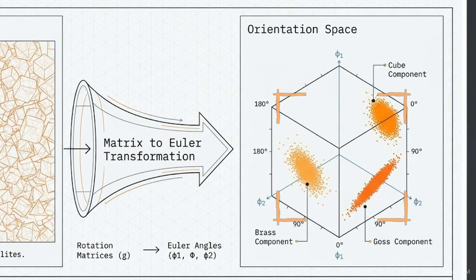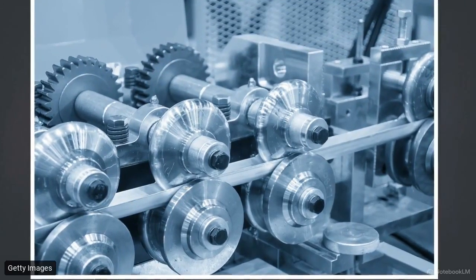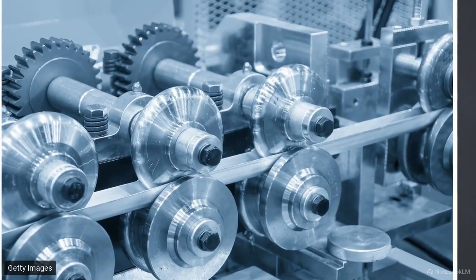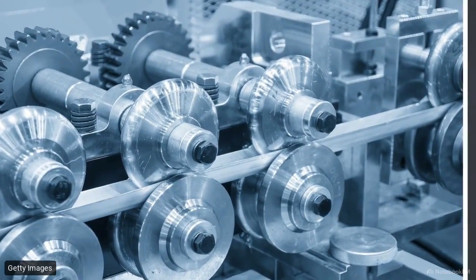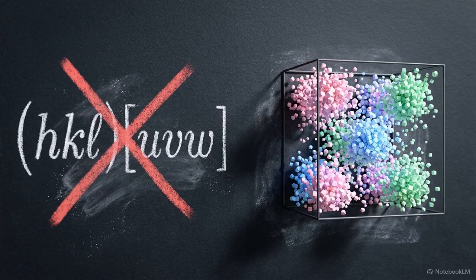Engineers classify these as specific texture components, such as the cube, brass, or Gauss components. Knowing exactly where these clusters lie allows engineers to predict physical anisotropy, determining how a metal will deform, yield, or break under massive industrial pressure. Extracting this level of statistical precision is completely impossible if we attempt to rely solely on the initial physical Miller indices.